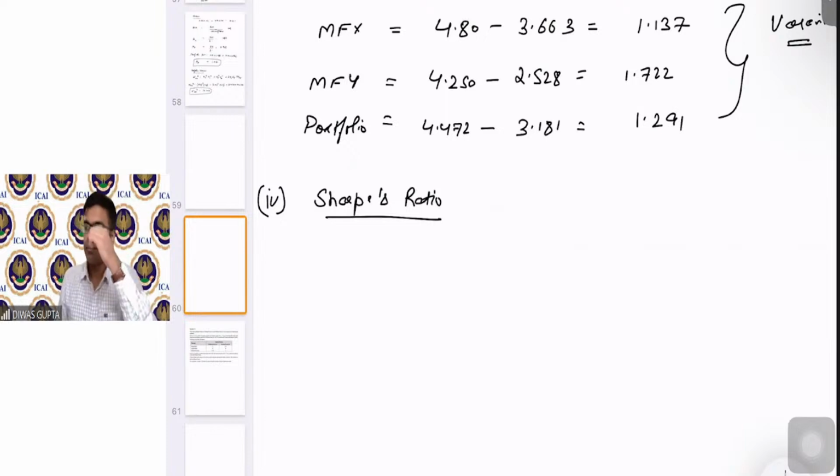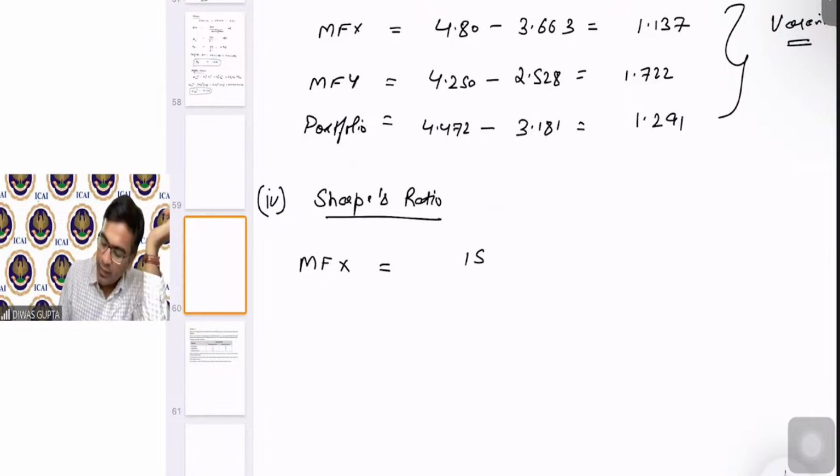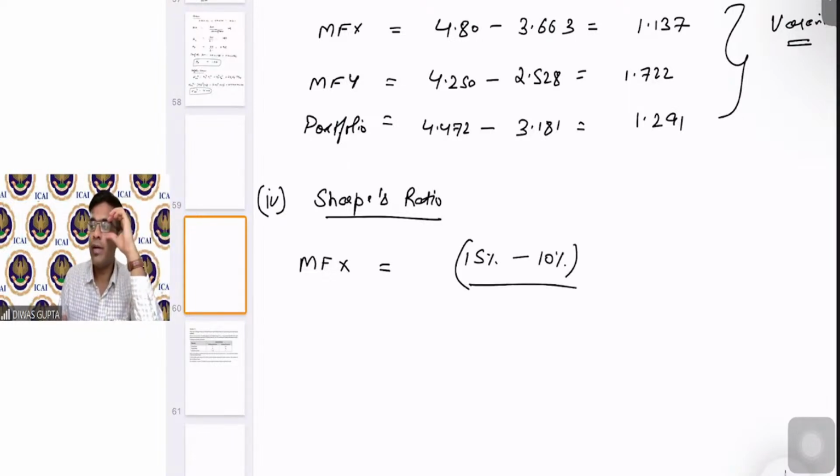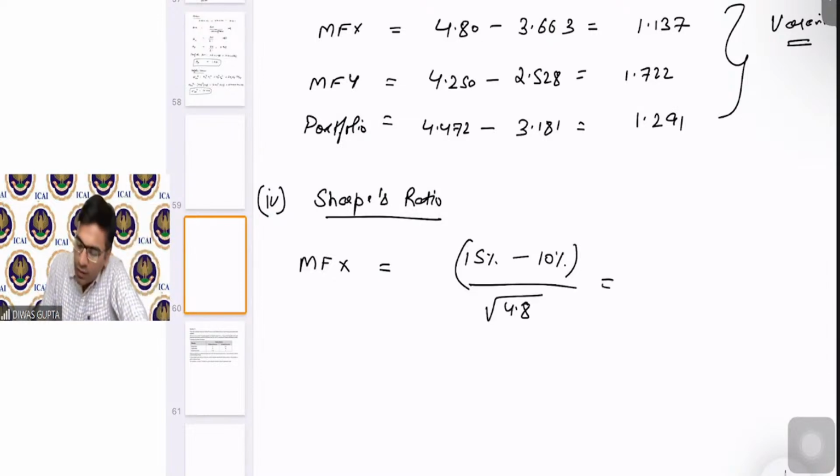Sharpe's ratio. In case of mutual fund X, what is the return of the mutual fund? 15%. Risk-free rate of return, 10%. Standard deviation of mutual fund X, square root of 4.8. Correct? So this gives us 2.282.